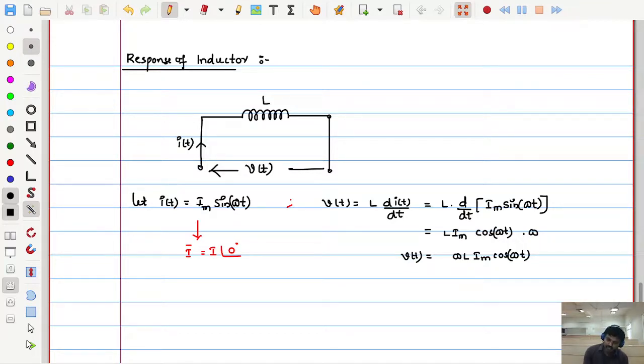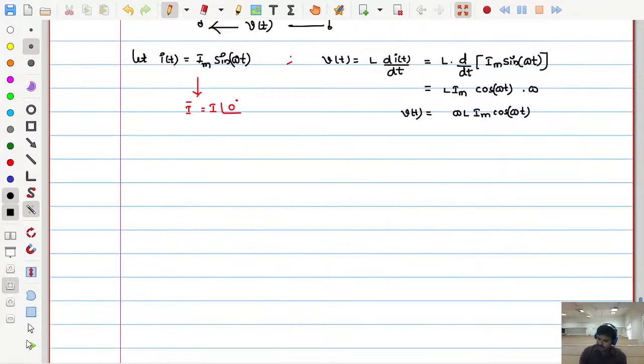Since we already assumed this current, you can convert this cos into sine also, nothing wrong in that. We are only comparing these two. How can we do that? Let me take again the table we saw yesterday: sine minus sine, cos minus cos.